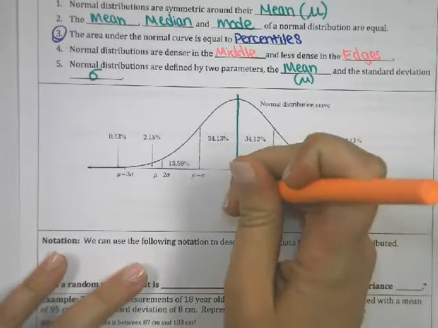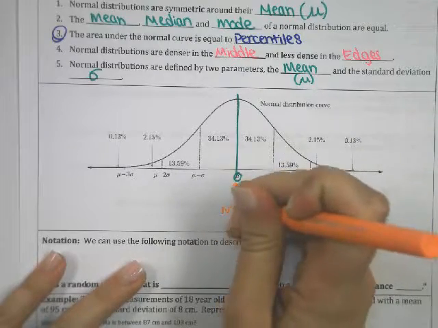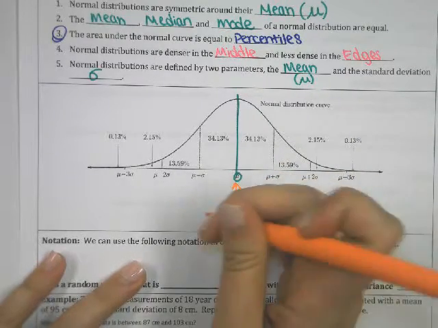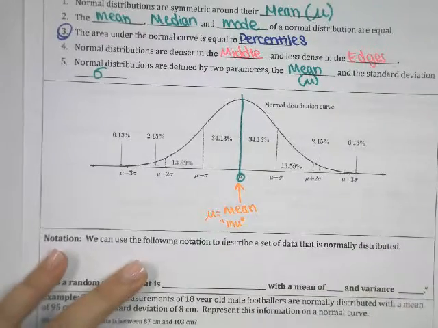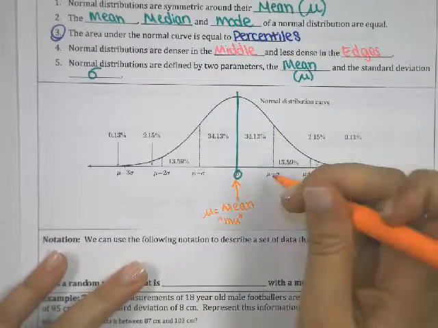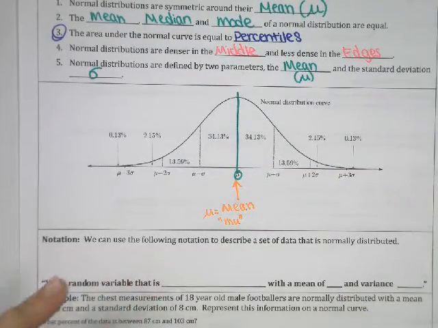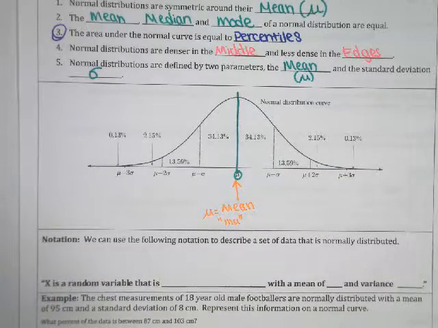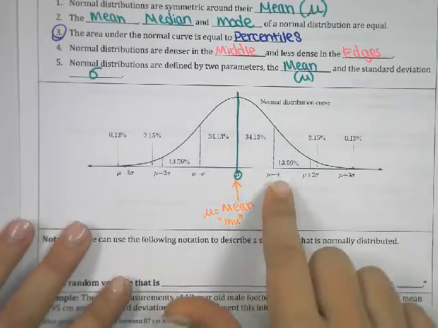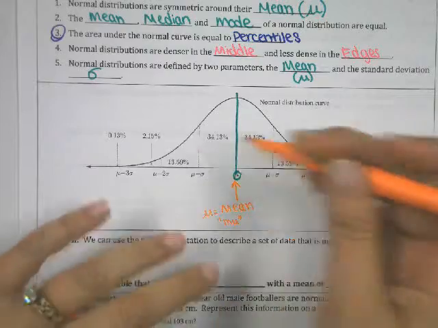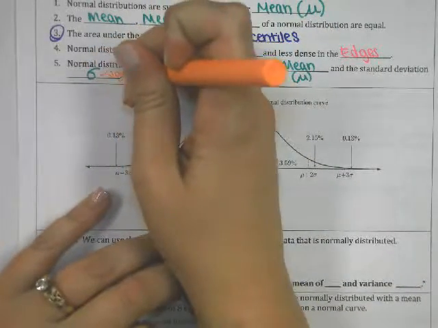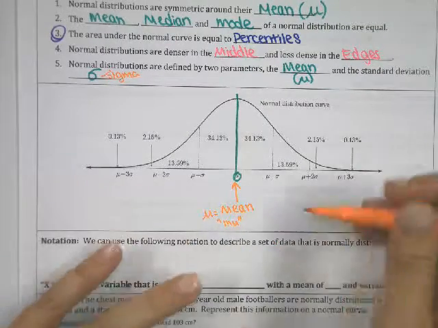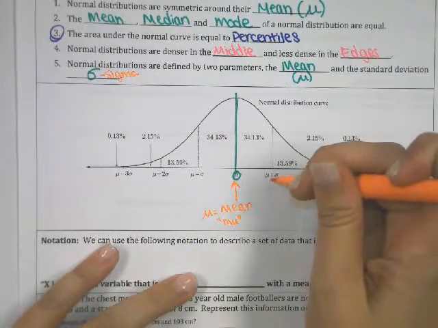So here, this mu is the mean. That's the middle of our data. Mu, okay, that's the mean. This says mu plus our standard deviation. This is sigma, so this would indicate one standard deviation above.